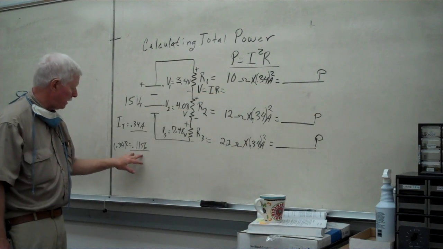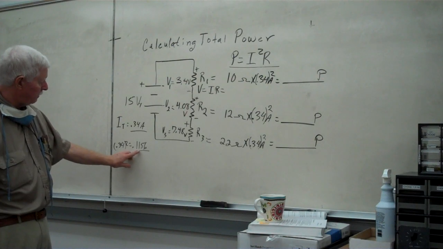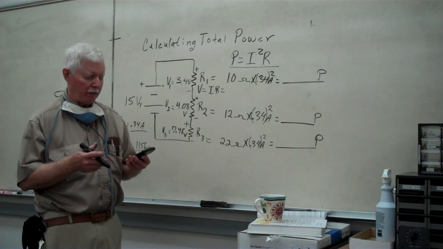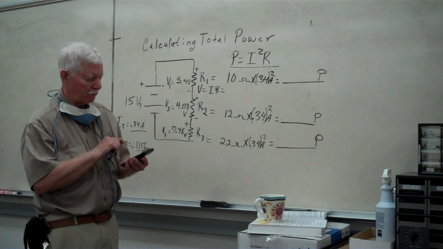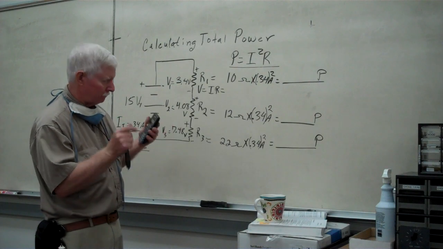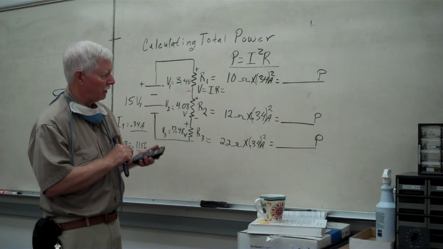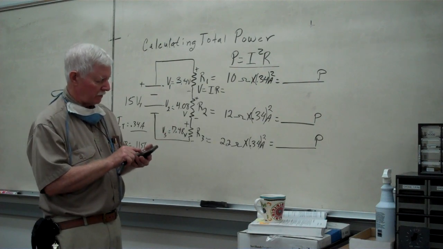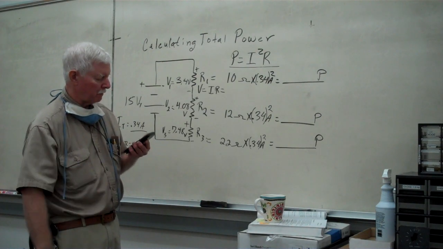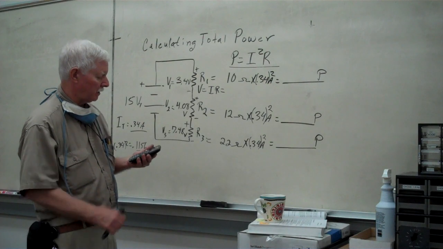By squaring it, we come up with a value of 0.1156, and to use this easily, you can actually put it into your calculator and see how you can use this more easily. So we'll take the 0.34, square it, and come up with 0.1156.